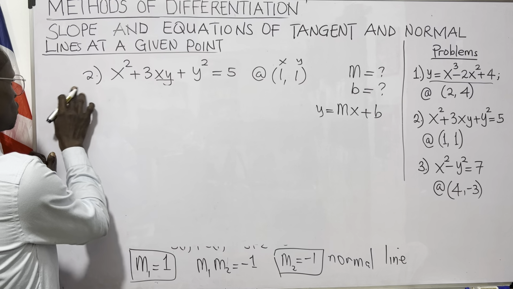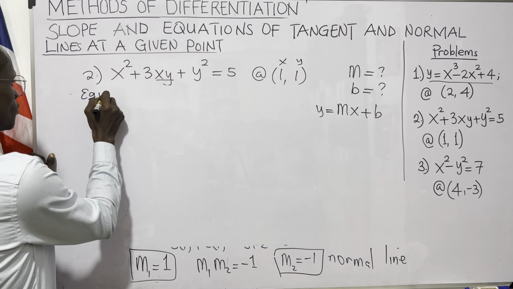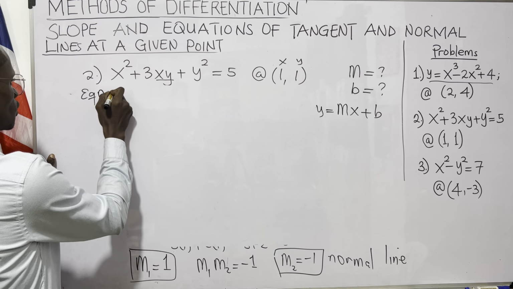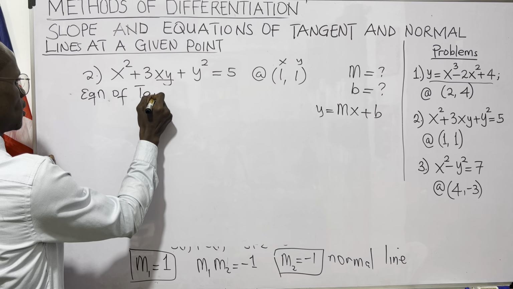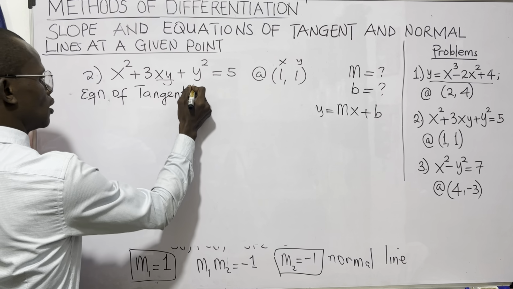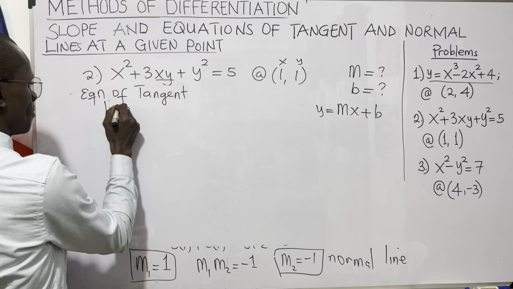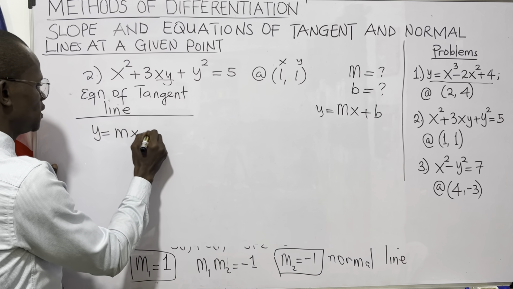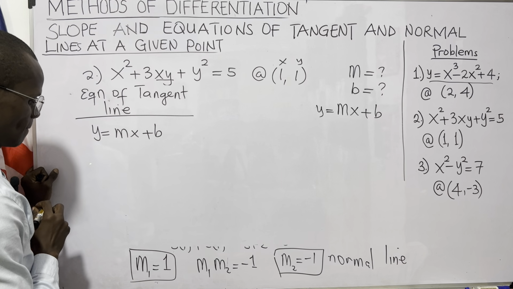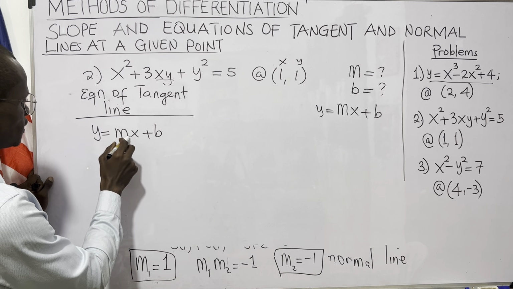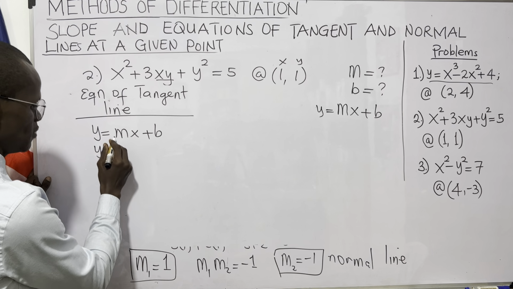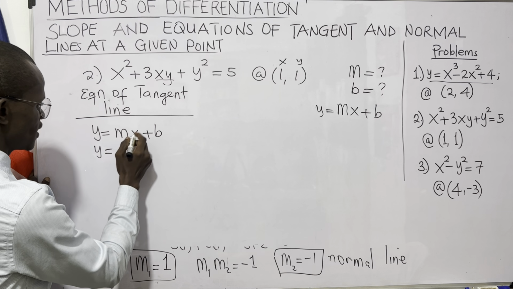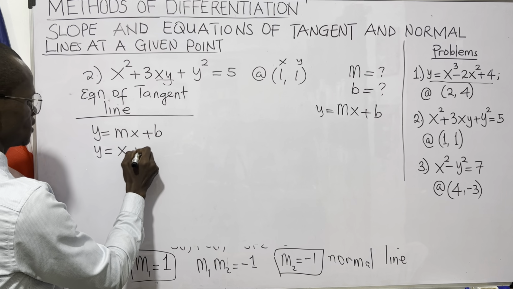Equation of the tangent line. We have y equals mx plus b. What is m? m is just 1. So 1 times x is just x plus b.